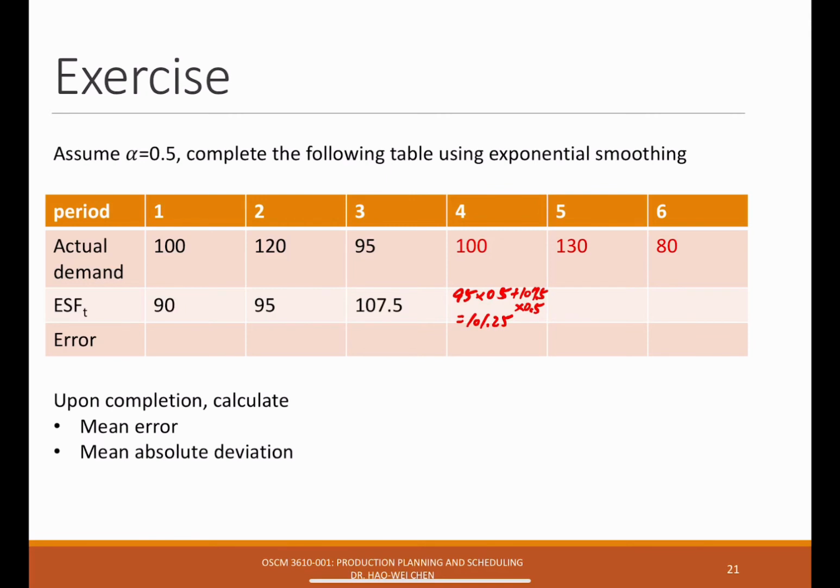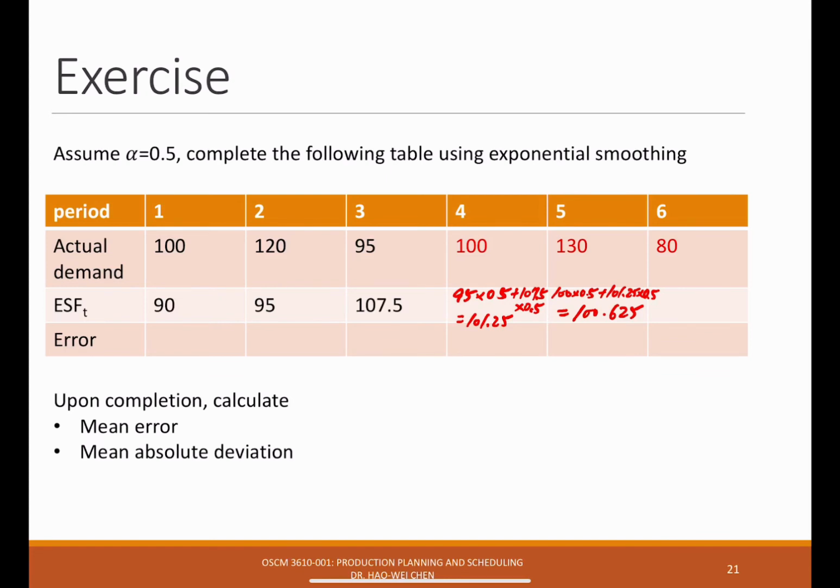Similarly, for the next term, I have 100 times 0.5 plus 101.25 multiplied by 0.5, and this is equal to 100.625.